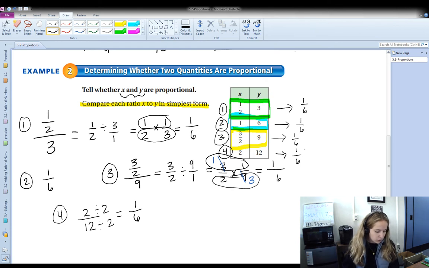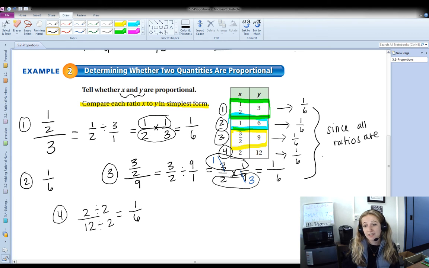So therefore, all of these x and y values in this table can be reduced down to 1/6, which, remember our rule for being proportional. If all the rates are equivalent, it forms a proportion. Okay? So since all ratios are equivalent, x and y are proportional.